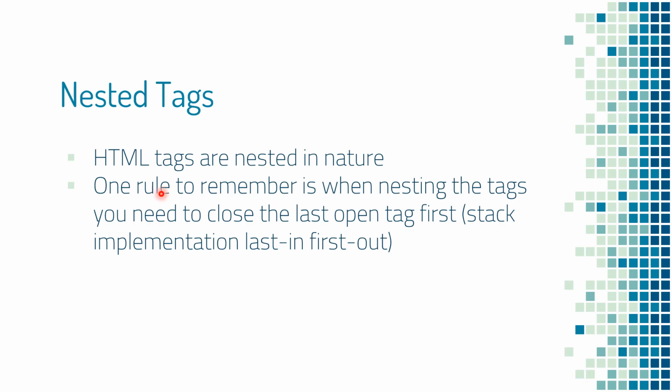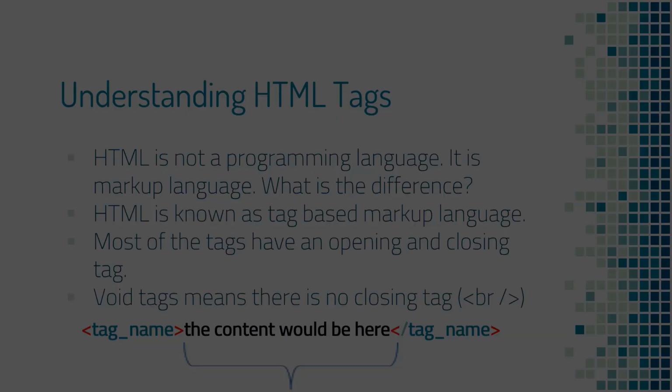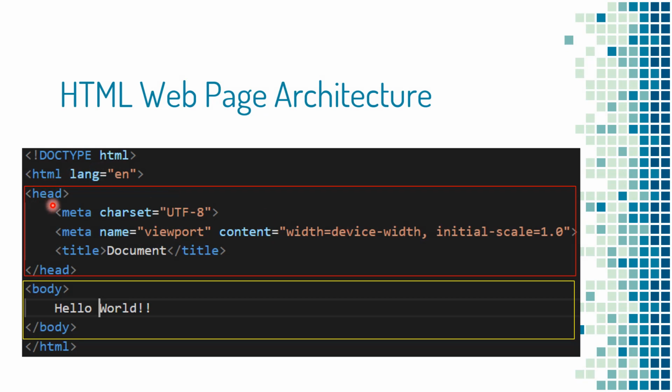One rule to remember when it comes to nested tags is that when nesting the tags, you need to close the last open tag. So for example, as you can see here, for this one, the title, you started this tag here, and before you close the head, you have to close what you last started.